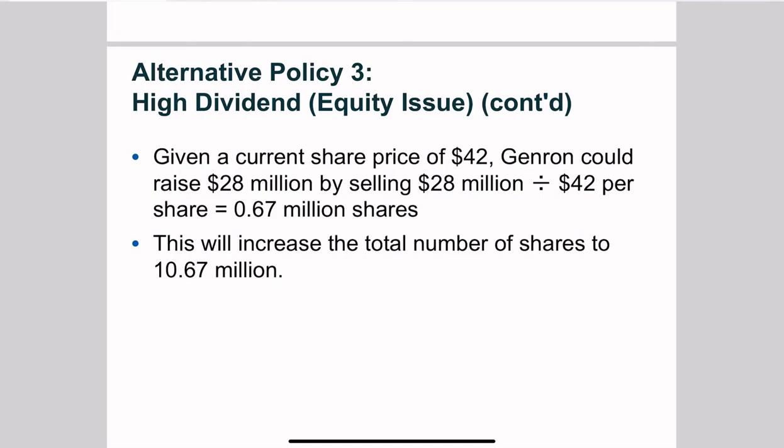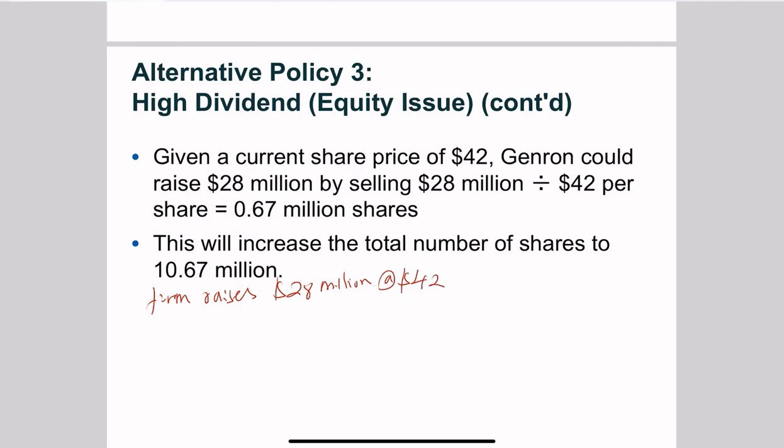So basically we know that share price is 42, right? And then the firm wants to raise $28 million. So let me write this down. The firm raises $28 million at a share price of $42.